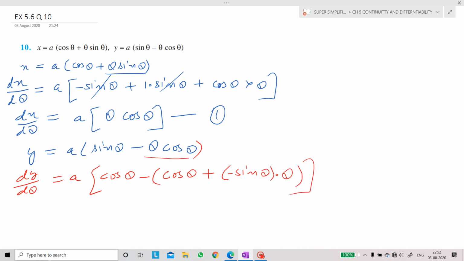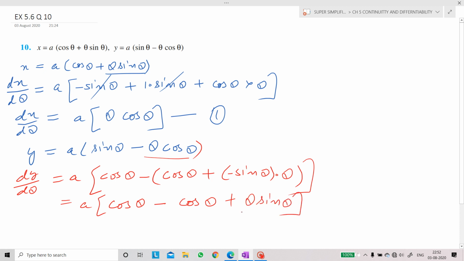Here also if I expand, we get cos theta minus cos theta, and this is minus minus plus theta sin theta. So now again cos theta gets cancelled, and the expression for dy by d theta will be a theta sin theta.